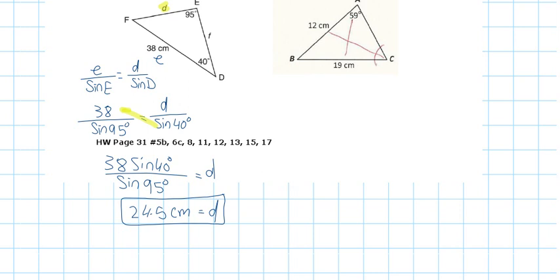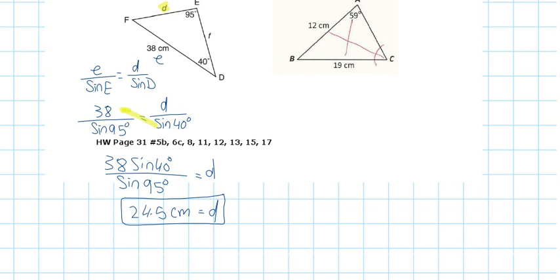Now the question is, how do you know if you're going to use trig ratios or sine law? When do we use trig ratios? Just with right angle triangles. This one is with oblique triangles, so any triangle that does not have a 90 degree angle.